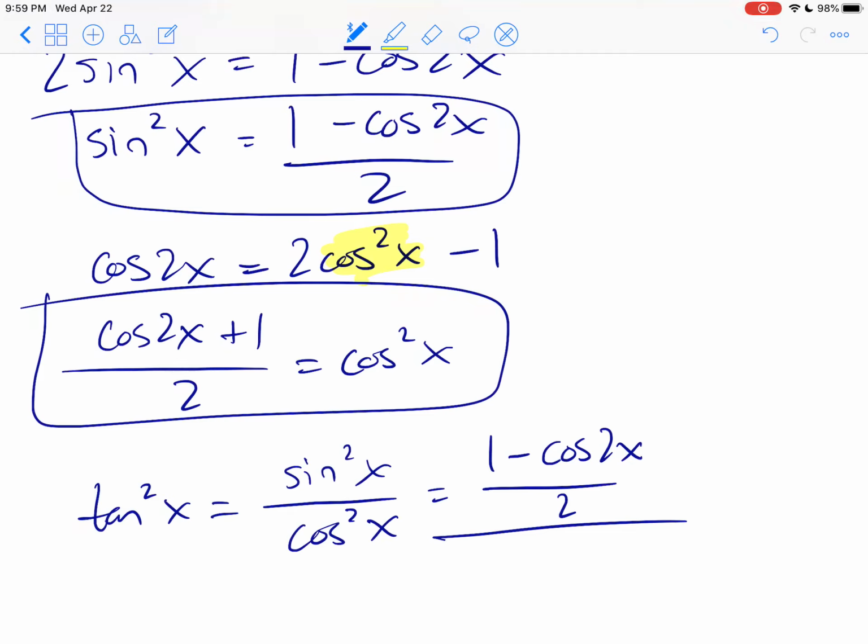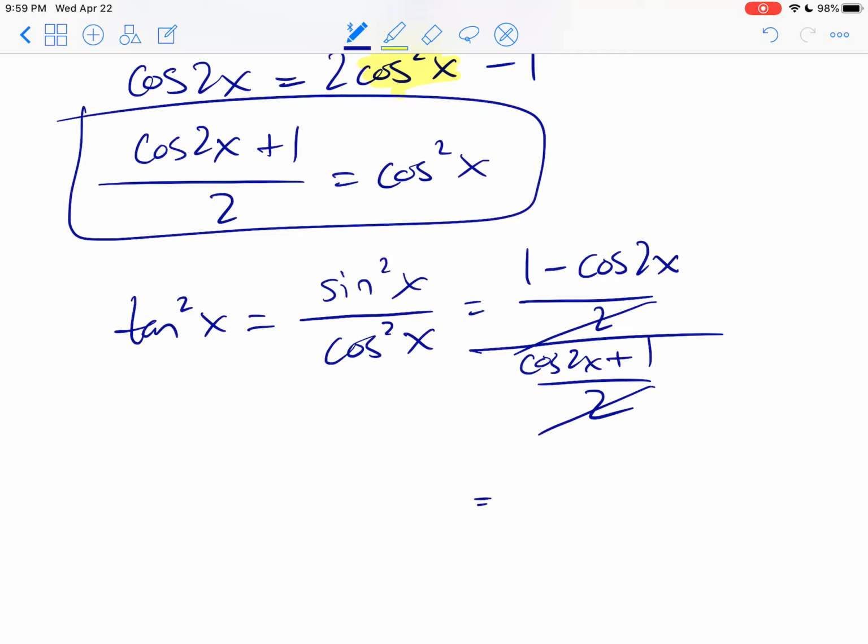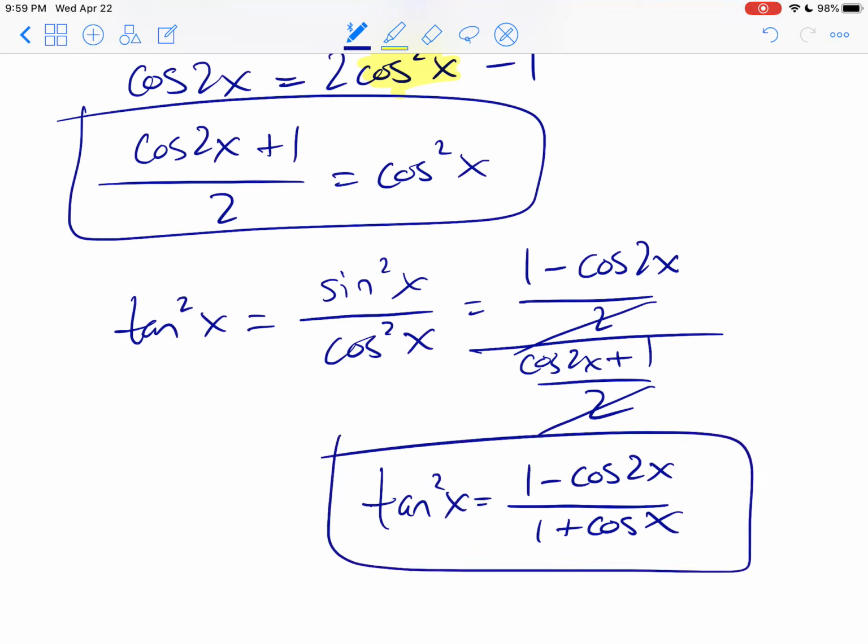And for cosine, it's cosine of 2x plus 1 over 2. The 2's cancel. And so I'm left with 1 minus cosine of 2x over 1 plus cosine of 2x. And this is the power reducing formula for tangent.